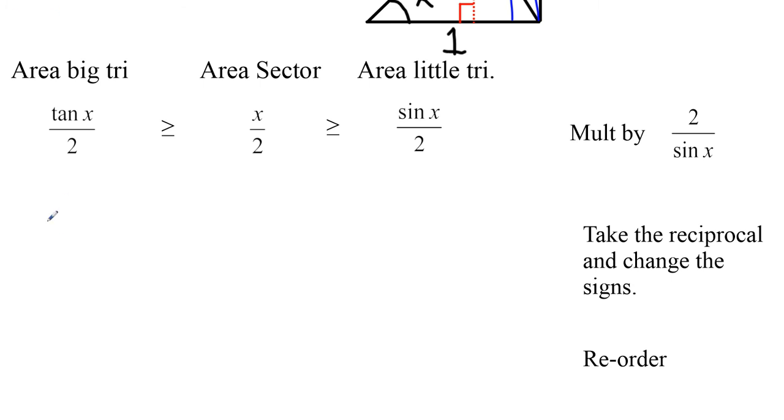So I get tangent x over sine x is less than or equal to x over sine x, which is less than or equal to 2 sine x over 2 sine x. Now, if I take the reciprocal of everything, it's going to flip.